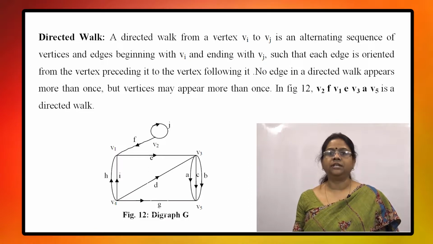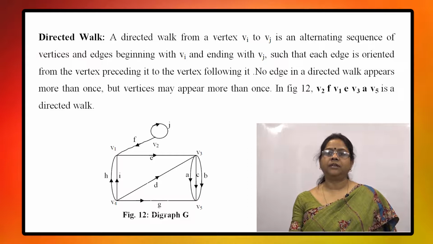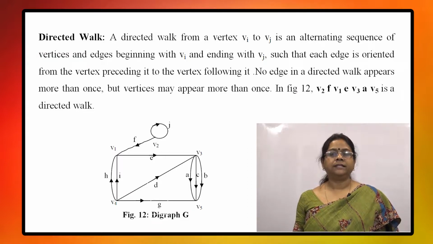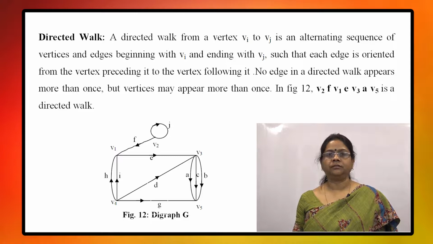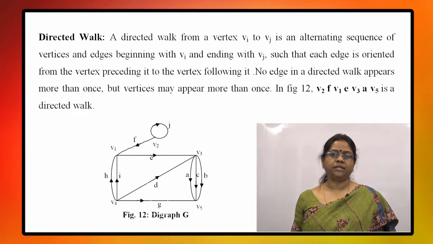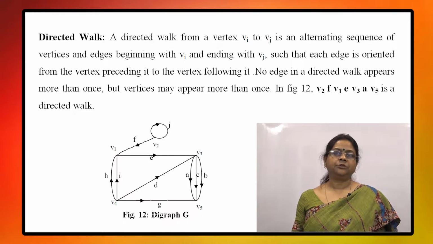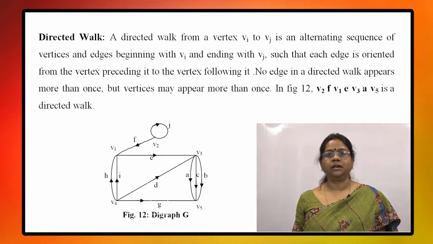So the definition is: a directed walk from a vertex Vi to Vj is an alternating sequence of vertices and edges beginning with Vi and ending with Vj, such that each edge is oriented from the vertex preceding it to the vertex following it, and no edge in a directed walk appears more than once, but the vertices may appear more than once.